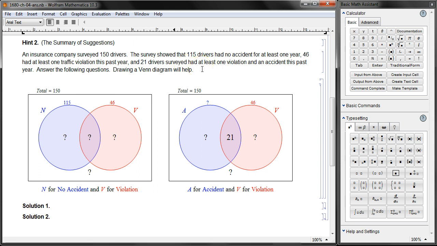Now, how about the second suggestion? A for accident, V for violation. 46 had a violation, so the red number is 46. How many had an accident? Unclear. 115 had no accident, so it is possible to find out the number of people who had an accident.